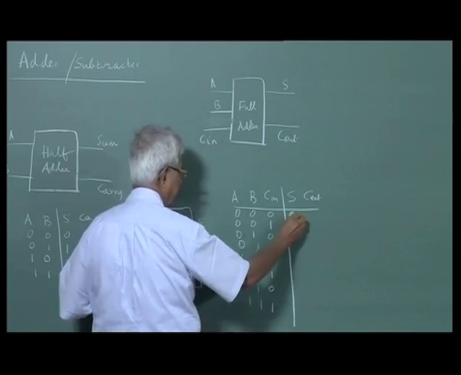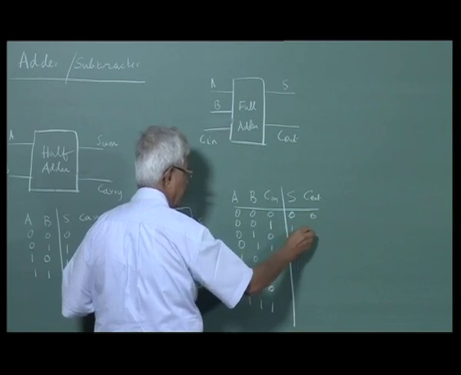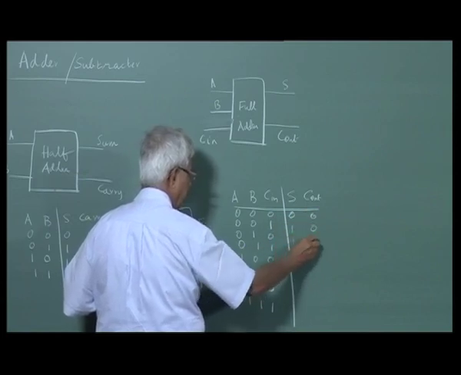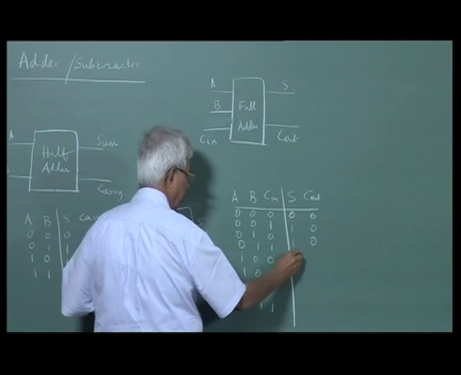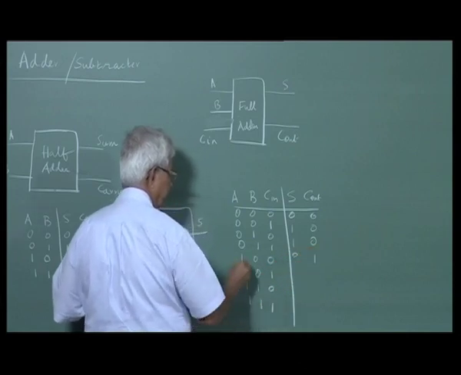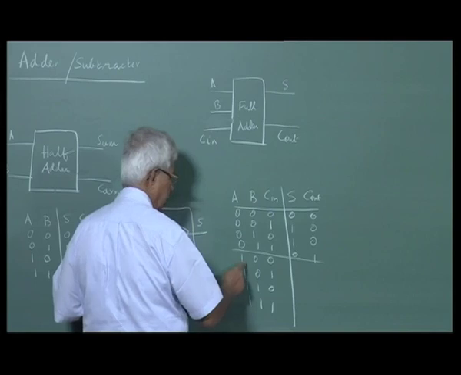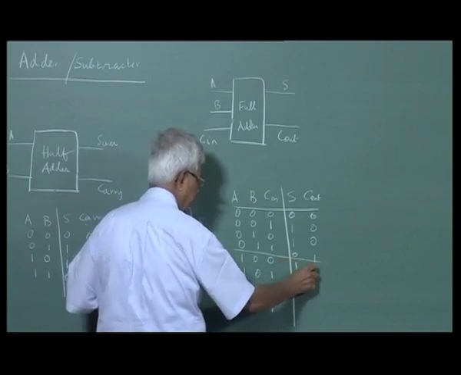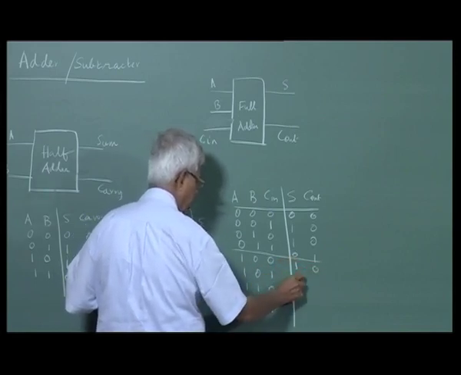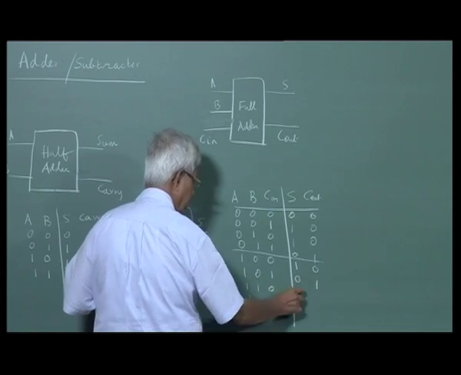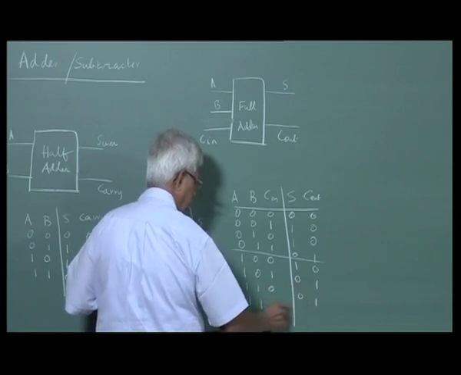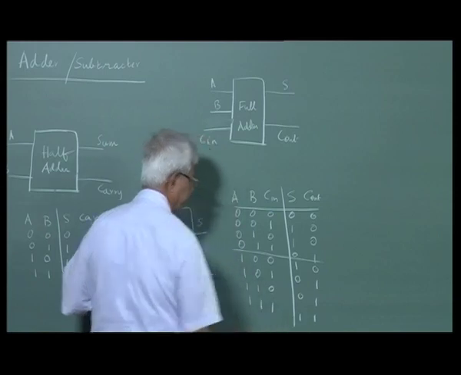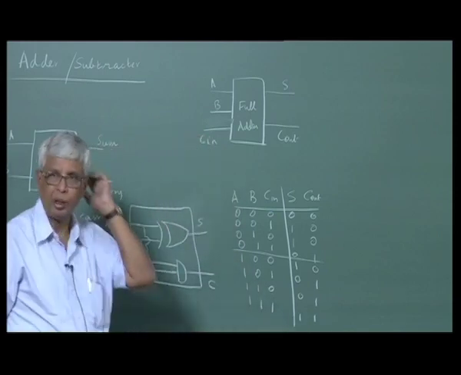Sum is 0, carry is 0; sum is 1, carry is 0; sum is 1, carry is 0; sum is 0, carry is 1. First 4. Now sum is 1, carry is 0; sum is 0, carry is 1; sum is 0, carry is 1; sum is 1, carry is 1. This is the truth table of a full adder.